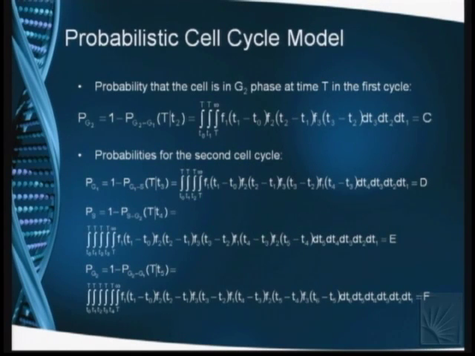Then you can calculate in a similar manner the probability of being in G2. Then you go to the second cell cycle, and you calculate the probabilities of being in each of these states in the second cell cycle. I call them D, E, and F. And you can calculate these probabilities for the consecutive cell cycles.